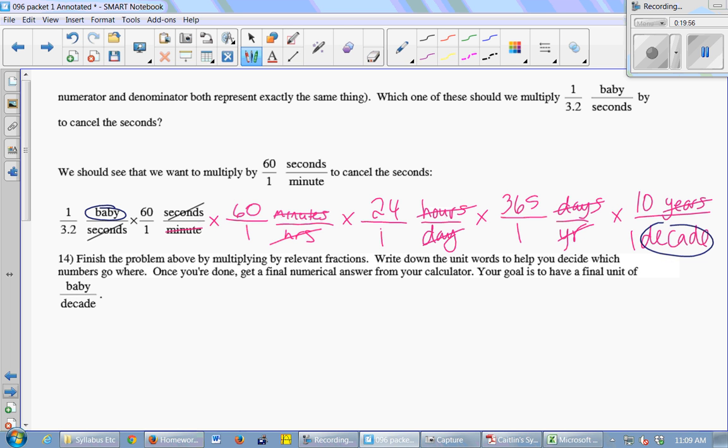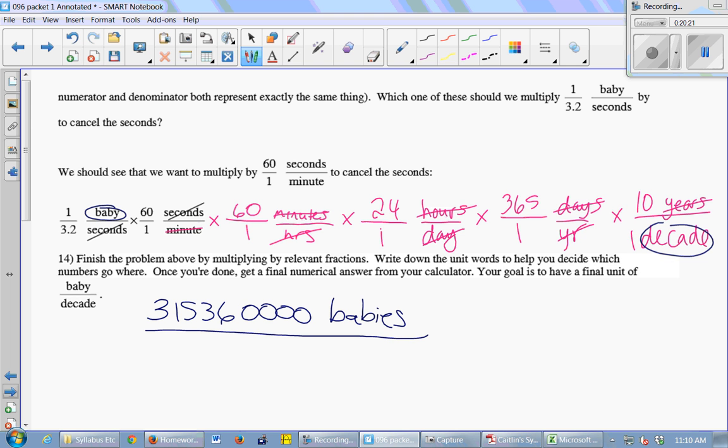And let's see, I did this out ahead of time. No, it's not. That answer is wrong. So the numerator comes out to 315,361,234, so that's got a unit of babies, over the only number in the denominator, which is 3.2 decades.